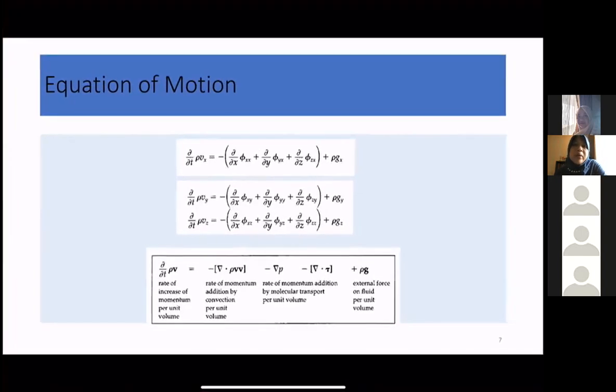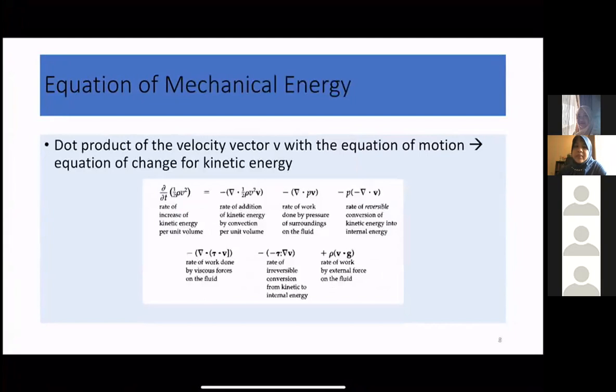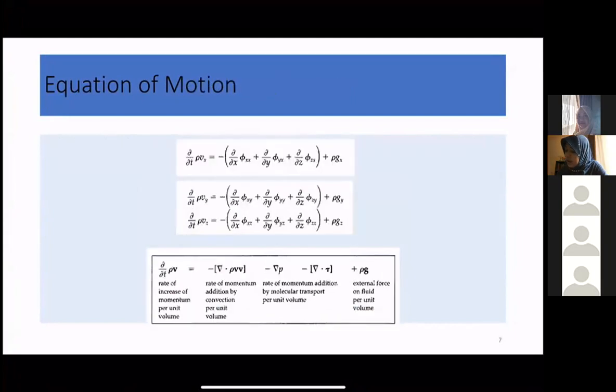Okay, this looks like so many, but in reality later on when you do the practice, a lot of them are actually equal to 0 if not applicable, right? So then later on you can just eliminate that one. Here there is a rate of increased momentum, addition, minus the molecular transport, plus the external force.